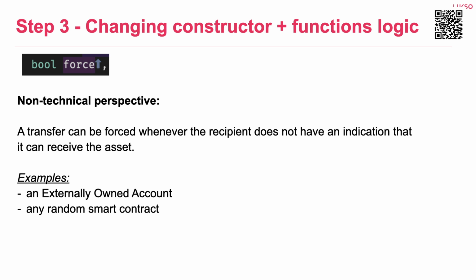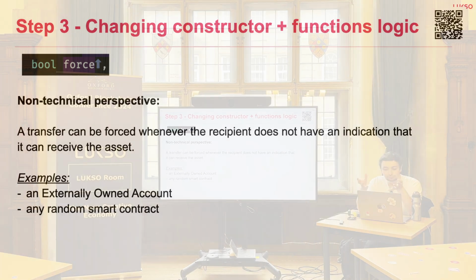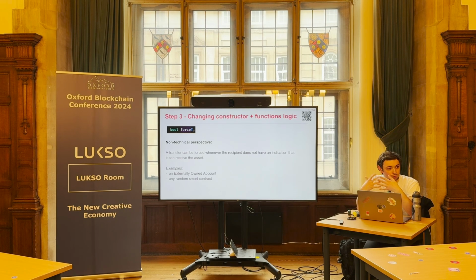He can hold them, and he can retransfer them. Because you can send to a wrong address, for instance. You can send to an externally owned account where the private key might have been lost. And the way we do that is that in LUKSO we tend to emphasize transferring assets to a smart contract like a Universal Profile that can handle these assets.